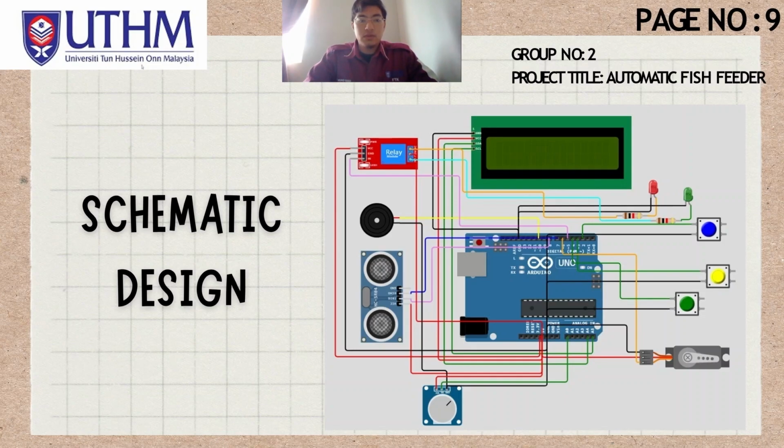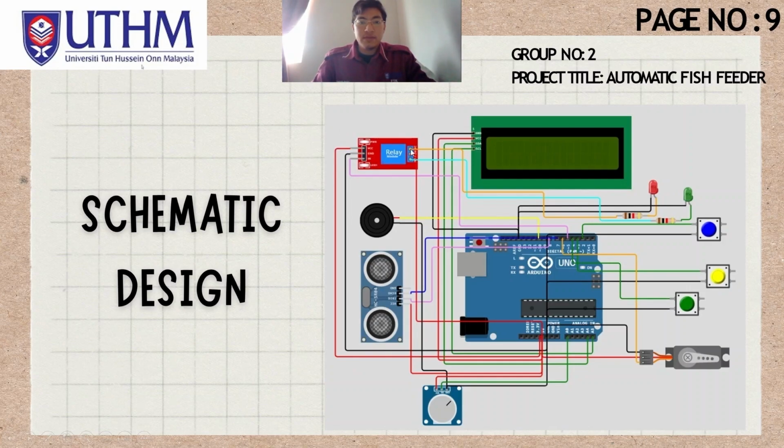The figure below shows the schematic design of our project. The figure shows all the components that are connected to an Arduino. This design is designed in the online simulator Wokwi.